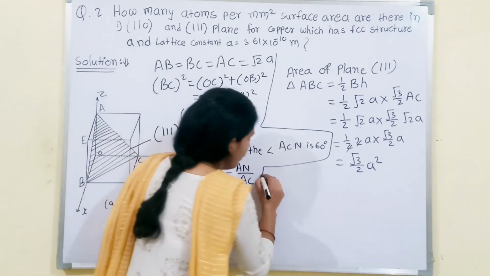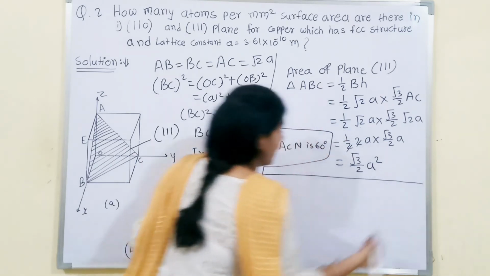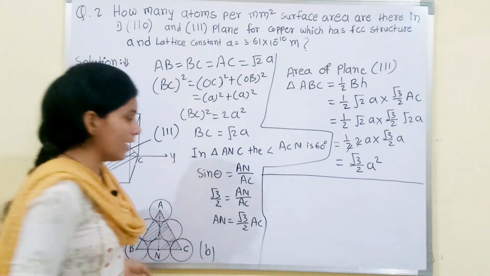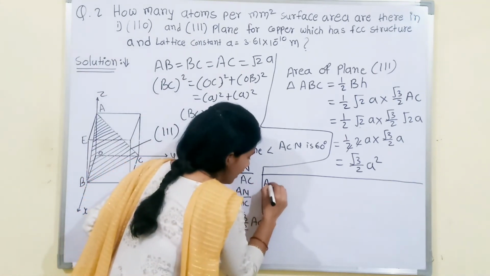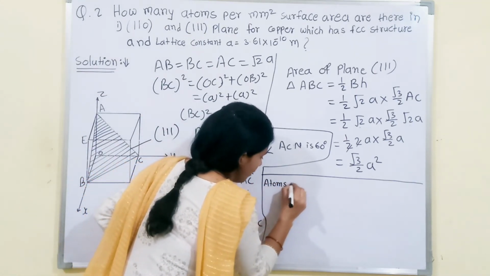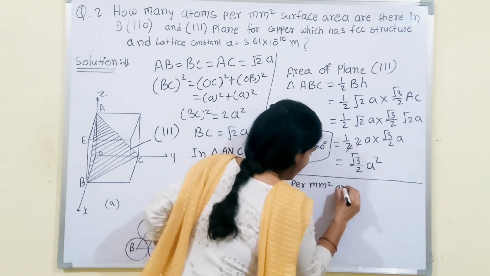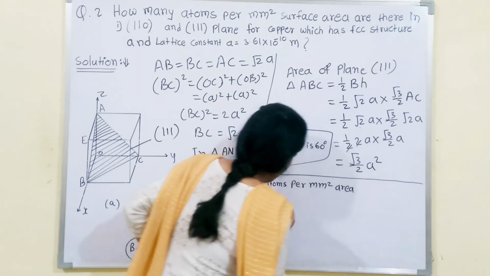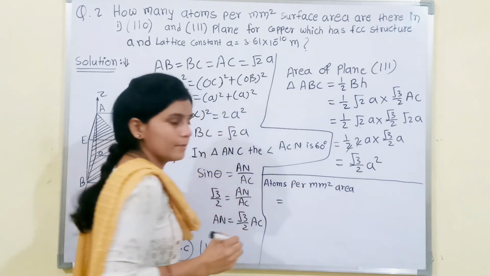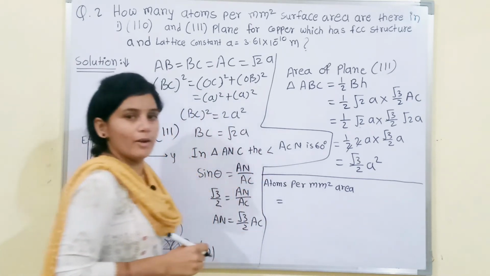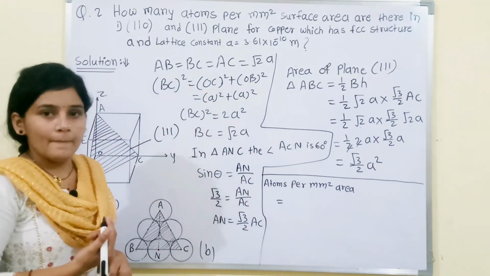Now we are going to calculate our main point. What is atoms per millimeter square area? The formula for atoms per area is equal to total number of atoms divided by area.